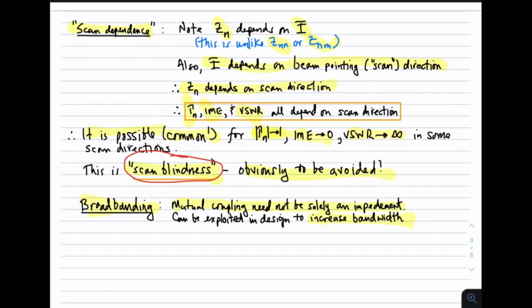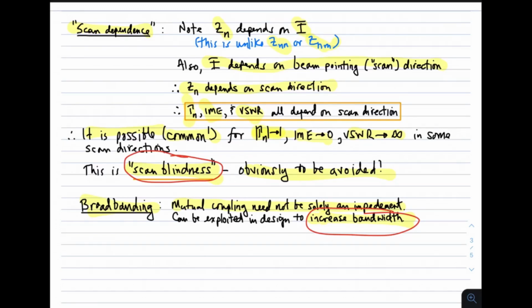The change in active impedance with scan direction is inevitable. But knowing that, you could take advantage of the way the active impedance changes and use that to increase the bandwidth of an array. And this is a common effort in designing large arrays.